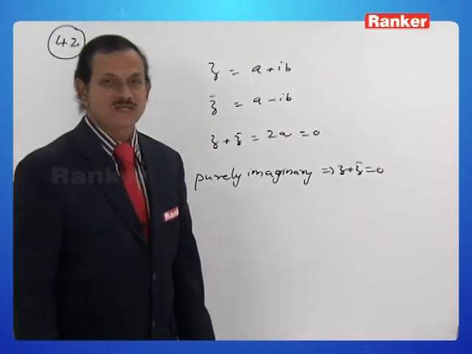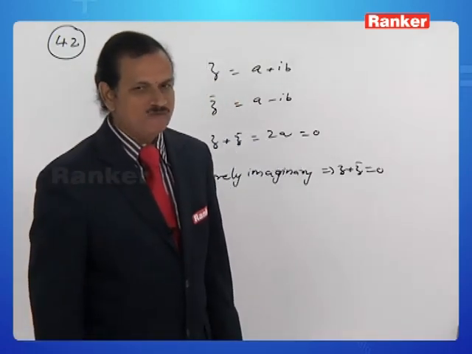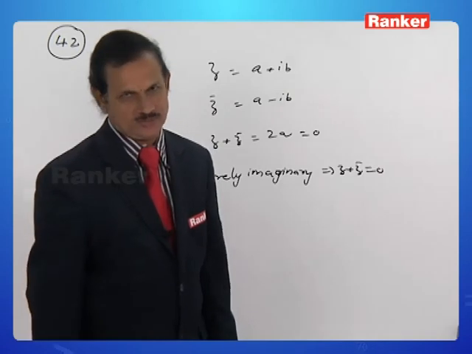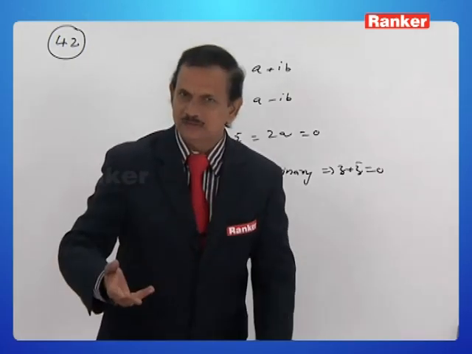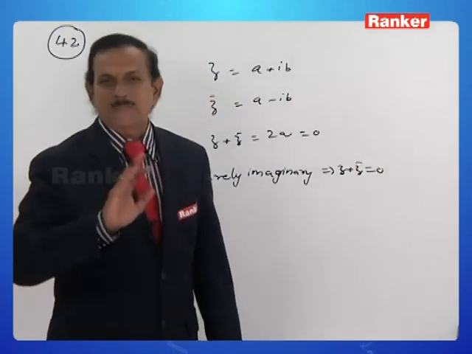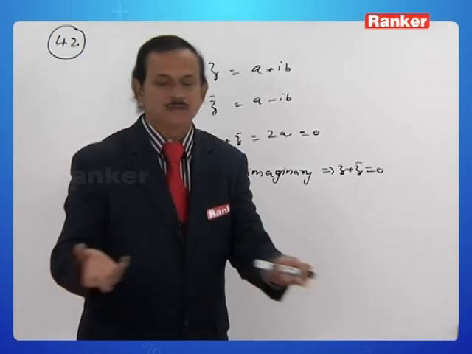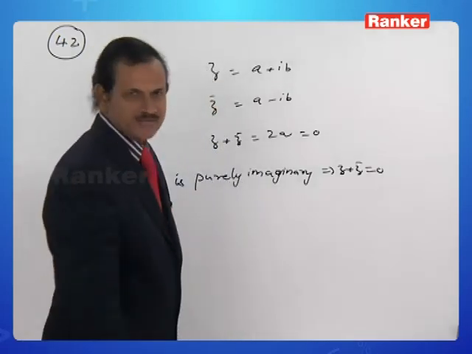And in the present question, he is giving us that (1 minus Z) by (1 plus Z) is purely imaginary. In what way can we make use of this concept in this question? It's very simple. (1 minus Z) by (1 plus Z) plus its conjugate should become 0. Let us now make use of that.